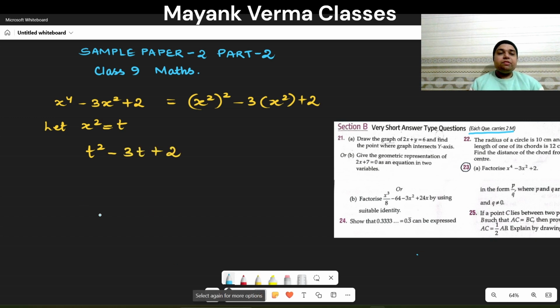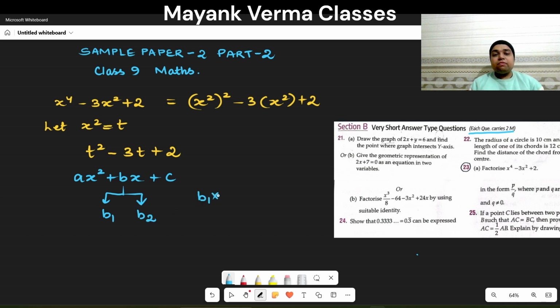Now remember, whenever we do factorization, we will consider it as ax square plus bx plus c. So this b will be split into two, middle term splitting, and we know that the product of the split terms should be equal to AC.